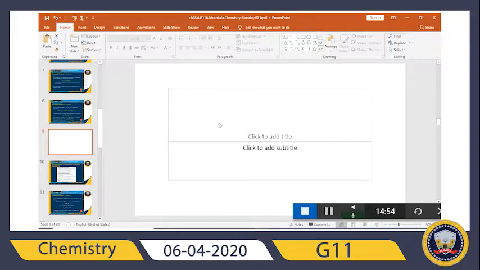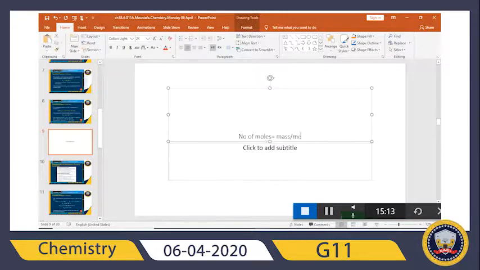Number of moles equals mass over molecular mass.